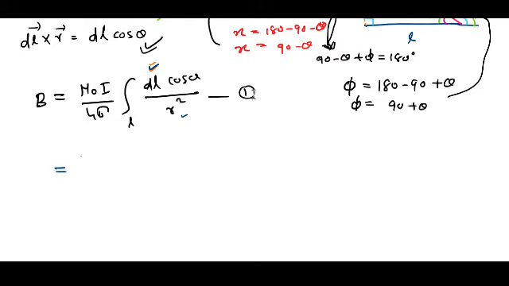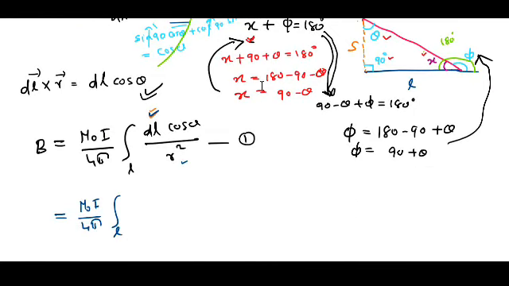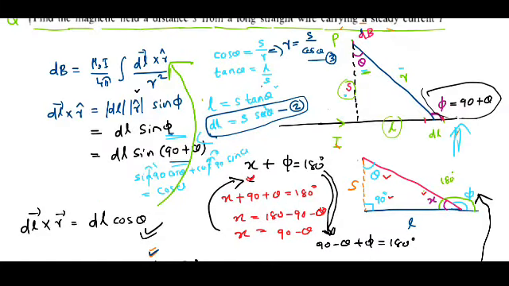That is, this B can be written as mu 0 I by 4 pi line integral. Instead of dl, we will substitute this one, S sec square theta, into cos theta, divided by, instead of r square, we will substitute r is equal to S by cos theta.